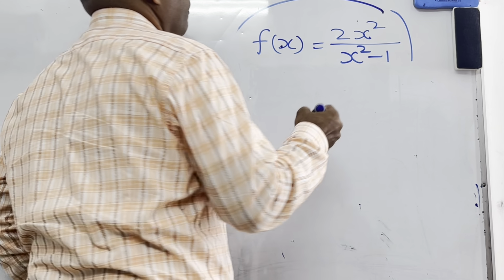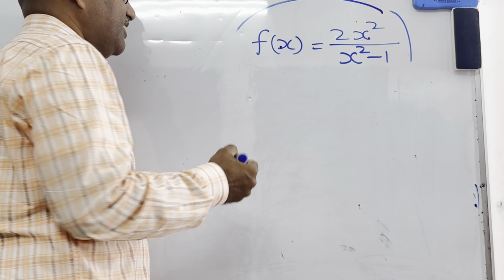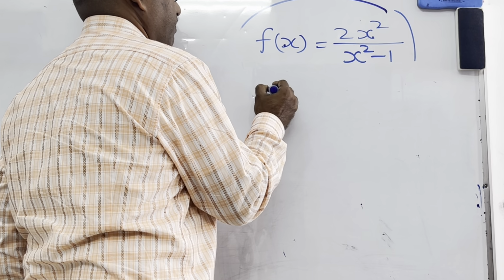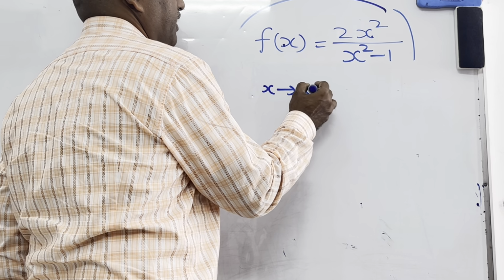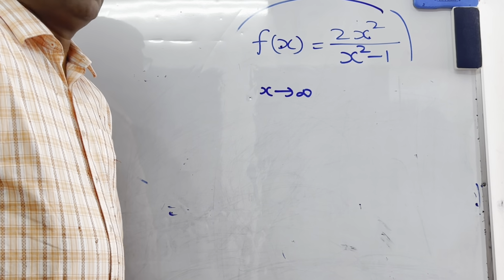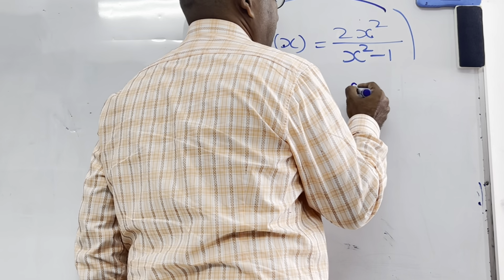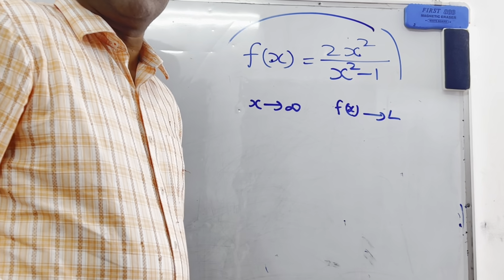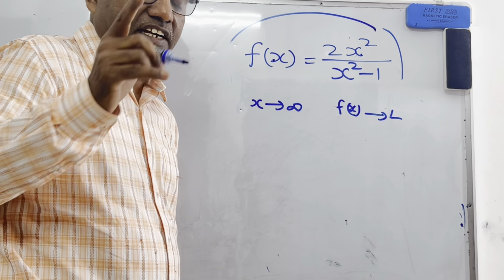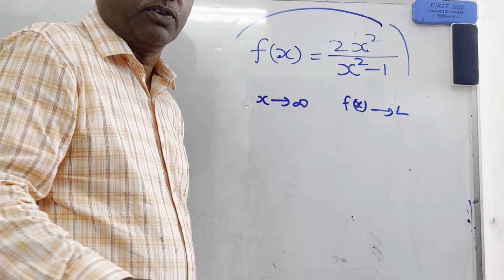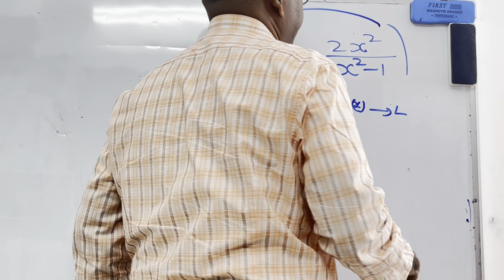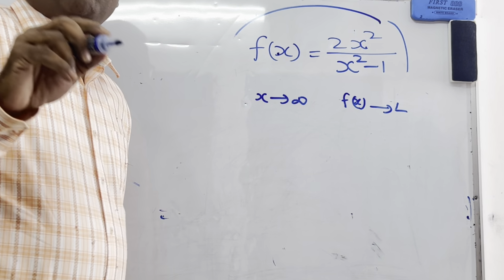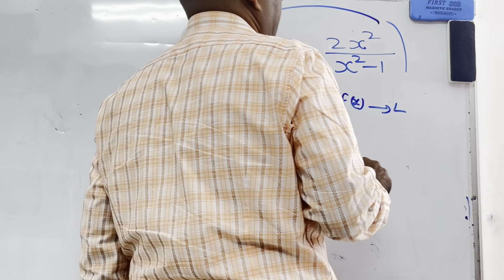Next is, fourth, not symmetry, fourth is asymptote. When x is approaching infinity, if f of x approaches L, then y equal to L is a horizontal asymptote.